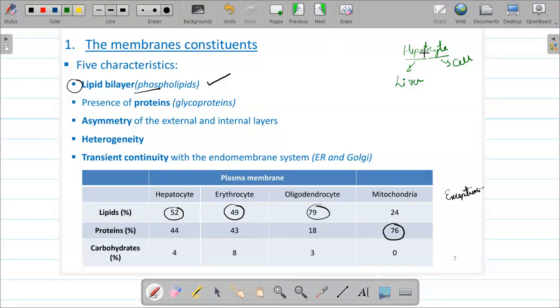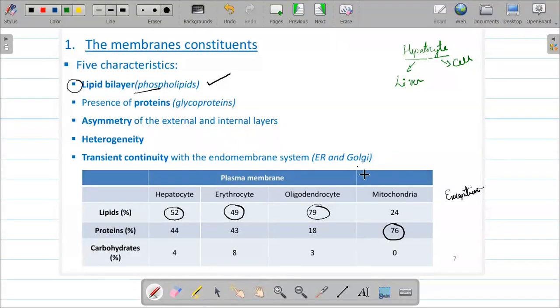Next is oligodendrocyte. What is dendron? Have you learned about some term called dendron somewhere? Nerves. So what does this deal with? Nerve cells. They are found in your neurological cells.